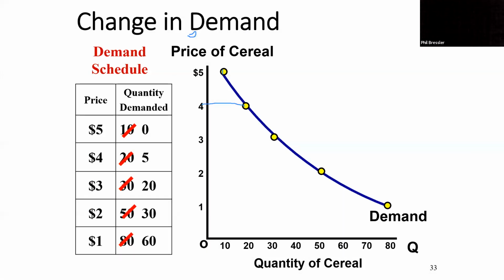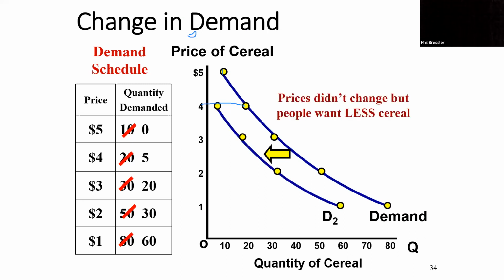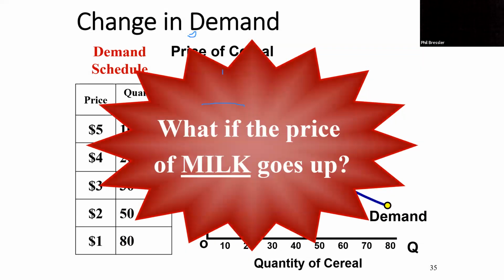And we're going to show that by putting the arrow and a left. And again, change in demand, shift in demand, decrease in demand. Again, prices didn't change. People just want less cereal at every price.